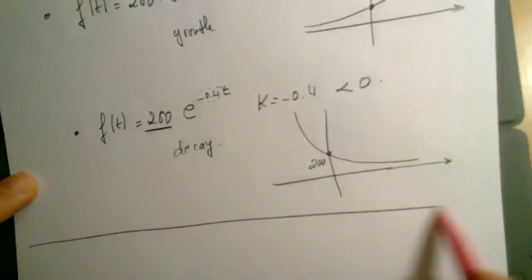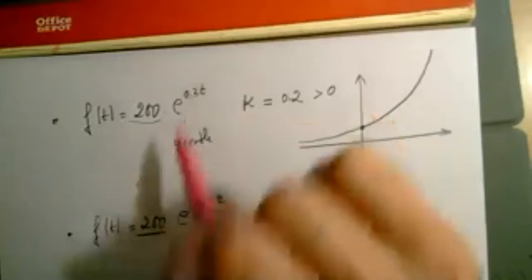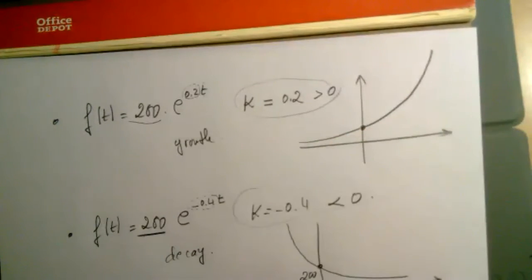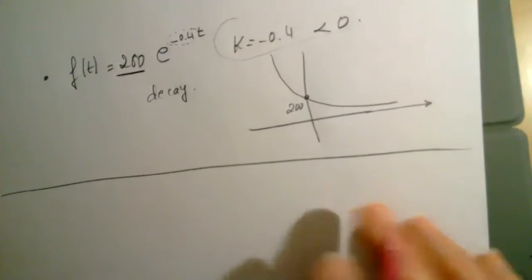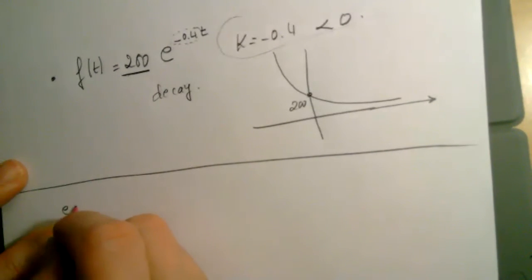So whenever I see a function of the form 200 e to the kt, the sign of k tells me whether it's increasing or decreasing. Now we will take some problems where we move back and forth between both ways of writing the function.